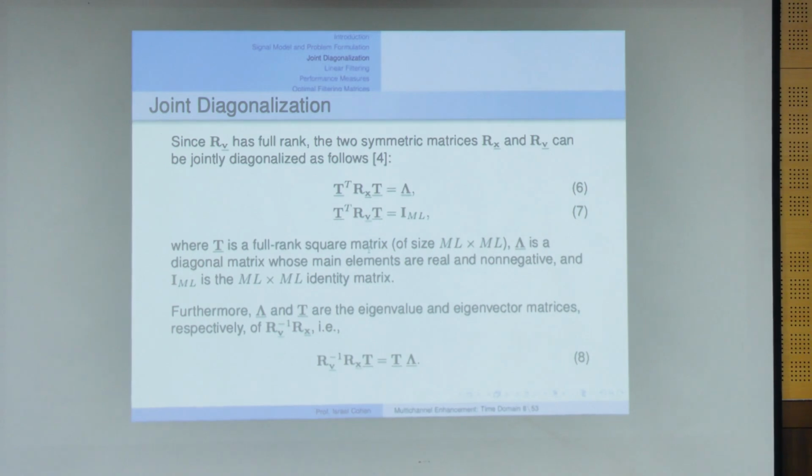This is called either joint diagonalization or generalized eigenvalue decomposition. Take a look at the properties, open MATLAB. In MATLAB you have GEIG, generalized eigenvalue decomposition. It's very useful because it makes things much easier. The eigenvectors are the columns in the matrix T, and then the eigenvalues. So it's actually the eigenvectors of the matrix Rv minus 1 Rx with some normalization.